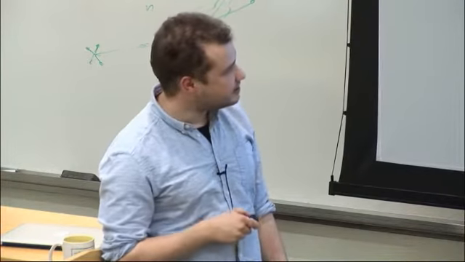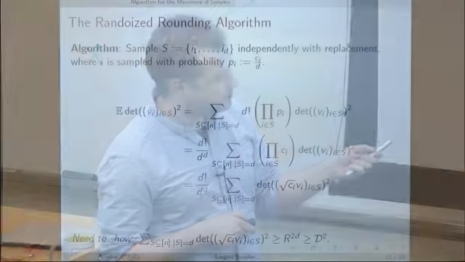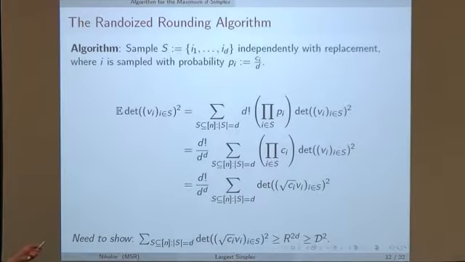Okay. So this is the expectation of the squared value of my algorithm, of this randomized algorithm. All right, and I said it's equal to this big summation times this factor. So this factor is the approximation factor I'm going to be shooting for. And now I just want to show that this is at least as big as my upper bound on the optimal value.